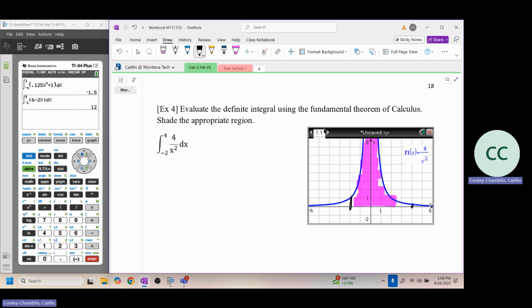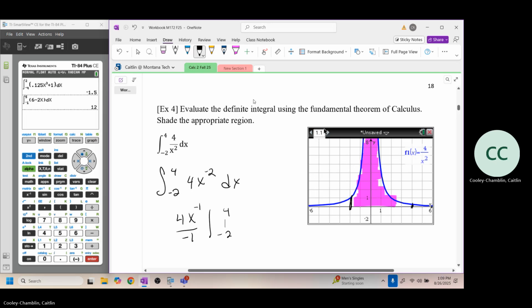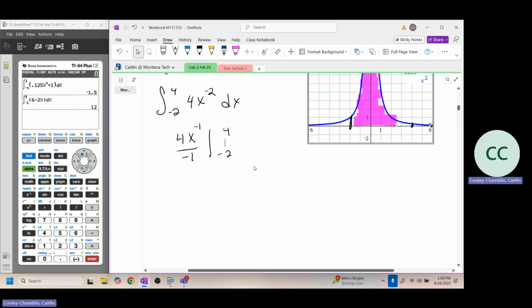If I integrate this, we get the integral from -2 to 4 of 4x to the -2 dx. Finding the antiderivative, I get 4x to the -1 divided by -1, evaluated from -2 to 4. I'm going to plug 4 in and plug -2 in.